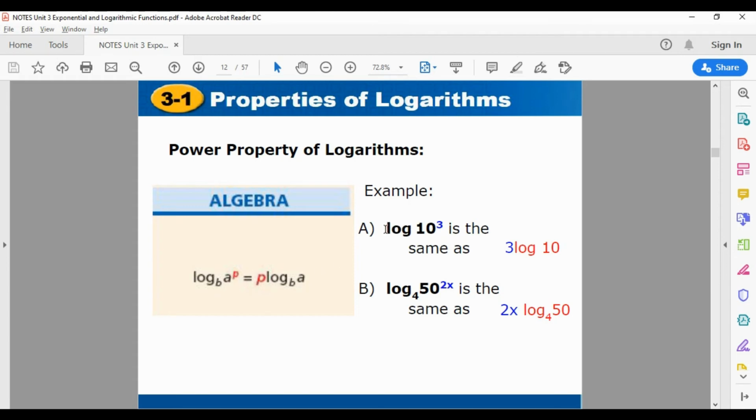In example A, this is log, again base 10, of 10 cubed. If I take the 3, I can move it out in front and multiply it by the logarithm. So log of 10 to the third is the same as 3 times log of 10. Log base 4 of 50 to the power of 2x: you take this 2x, move it out front, so this is 2x times the log base 4 of 50.